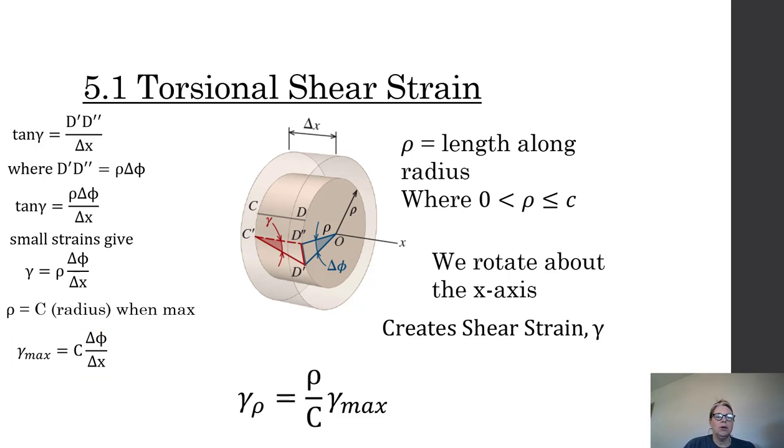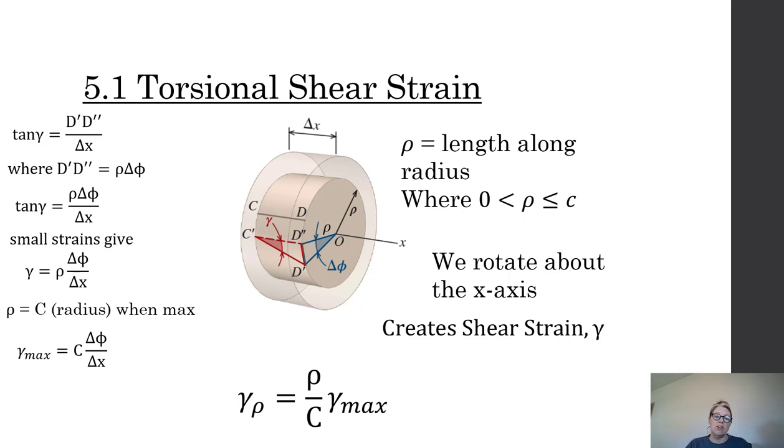So now we can rewrite this, getting rid of this delta phi delta x by rewriting our maximum equation and popping that in. So we now have that our strain along the radial length equals the ratio of rho, our radial length, compared to the entire radius, times the maximum.